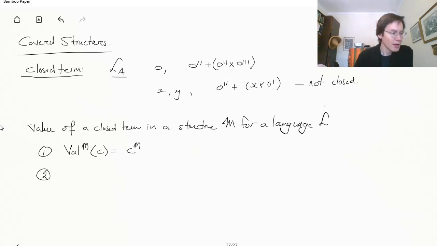And then, here comes the inductive step, if I've got a function symbol applied to closed terms, and so the whole thing is a closed term, then we simply compute this inductively.